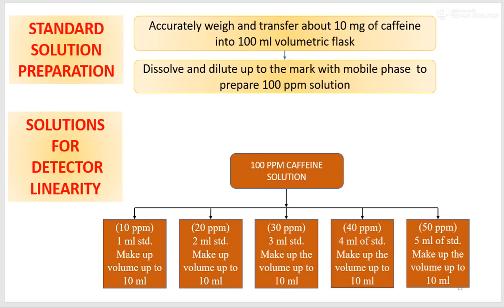Again you have to prepare 100 ppm of standard caffeine solution using mobile phase as a diluent, and from this 100 ppm solution you have to prepare different solutions for detector linearity. So you have to prepare 10 ppm, 20 ppm, 30 ppm, 40 ppm and 50 ppm solution from this 100 ppm standard caffeine solution.